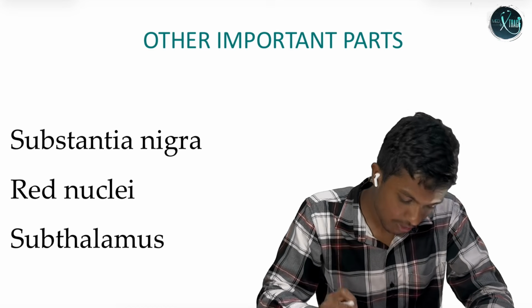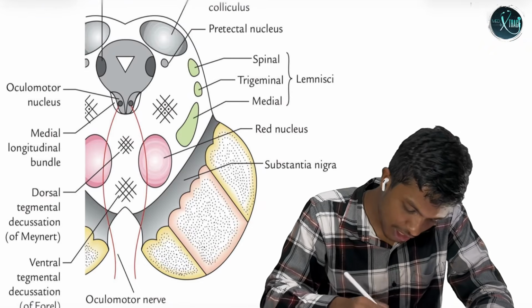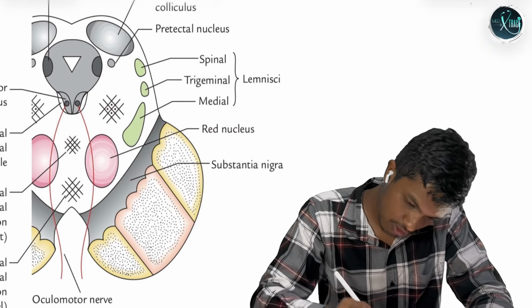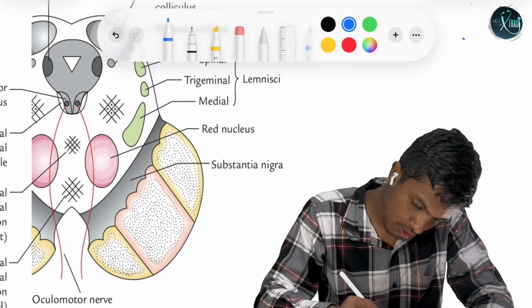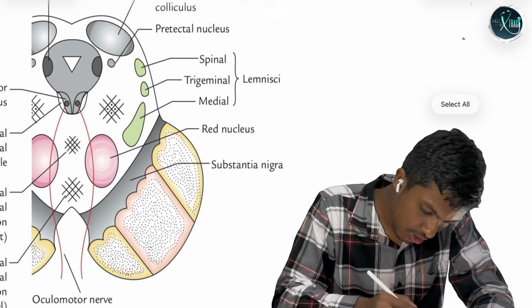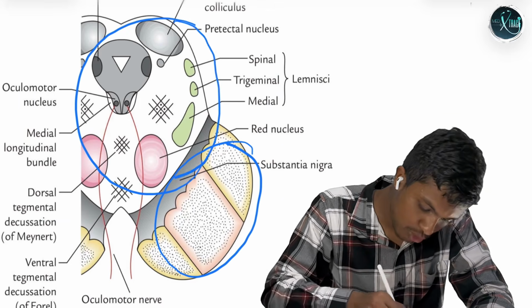Substantia nigra is a small collection of gray matter, pigmented with melanin and iron, present in the midbrain between the crus cerebri anteriorly and the tegmentum posteriorly.